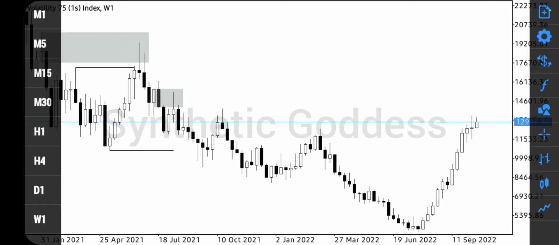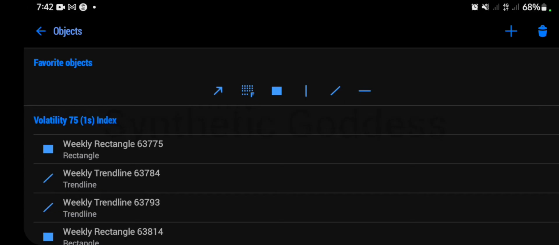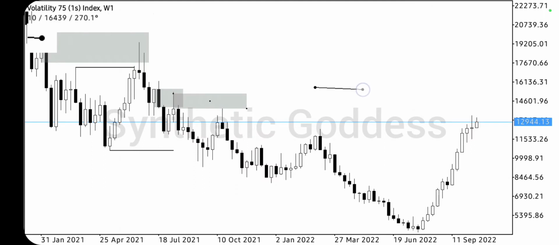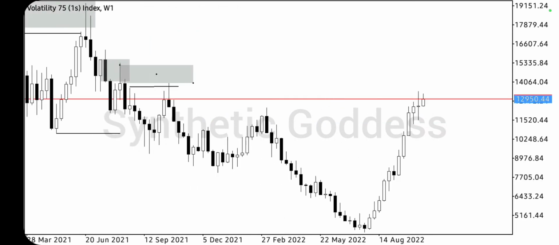After that, we took liquidity here, which can only be visible on the daily time frame. I'm going to mark out the liquidity from this weekly time frame. So here is the liquidity we took, and then we dropped massively.